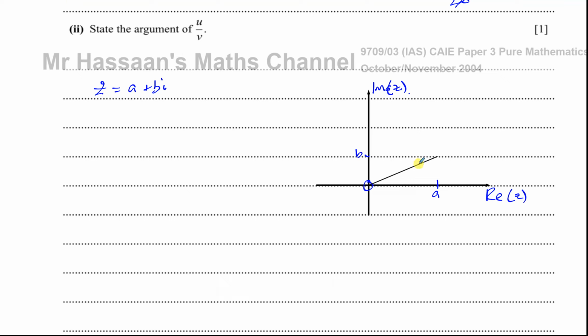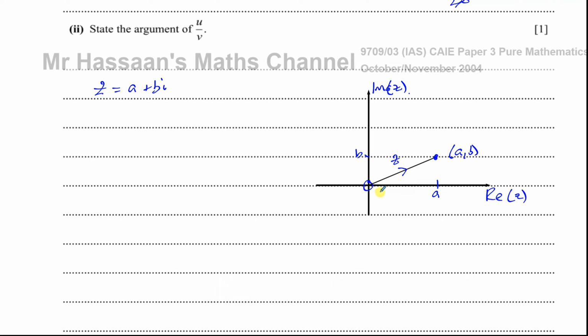So this is the point (a, b), and this would be the complex number Z. That's how you can illustrate it as a line in this coordinate axis, imaginary number and real number. So you can represent every complex number on this pair of axes.